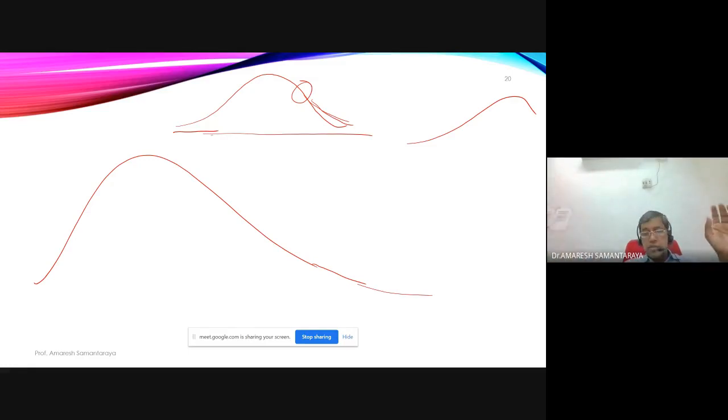But now you understood that this B1 follows a random distribution. A particular B1 you will get depending on the particular sample which you will pick up, and this particular sample you will pick up with some probability. That's how there is a probability distribution associated with the value of B1 which you actually get.